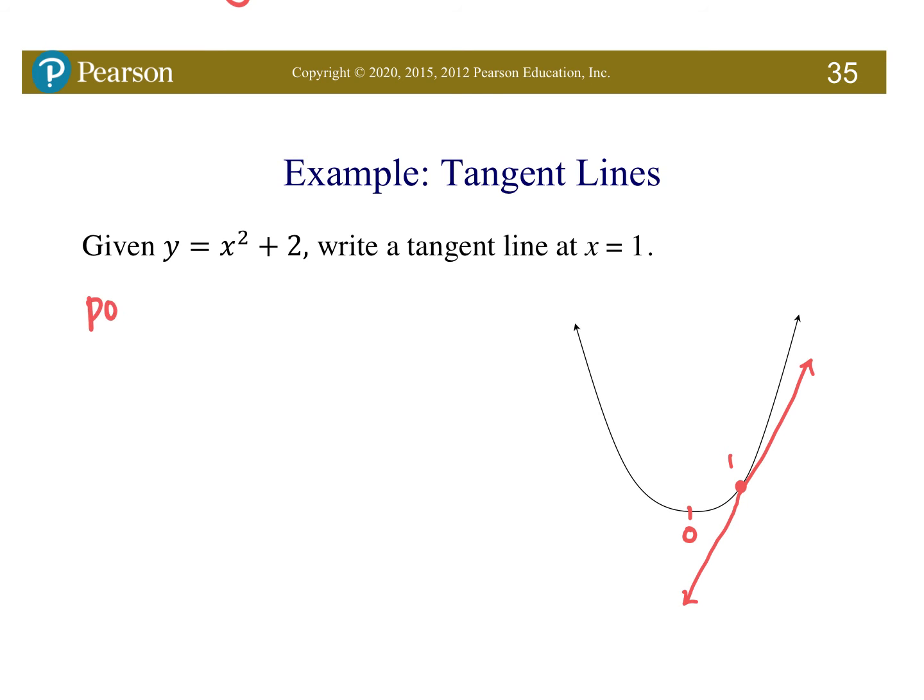The point it's going to hit at is x1, y1. So it's 1 comma, and I have to figure out what the y1 is. How do I figure out the y1 value? How do I know where it's hitting on that curve?